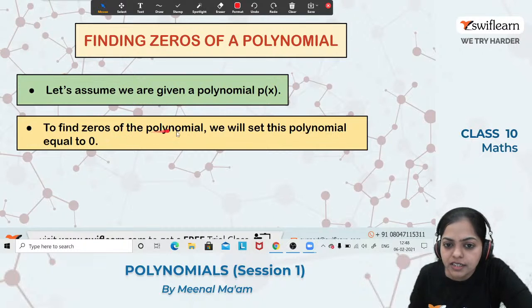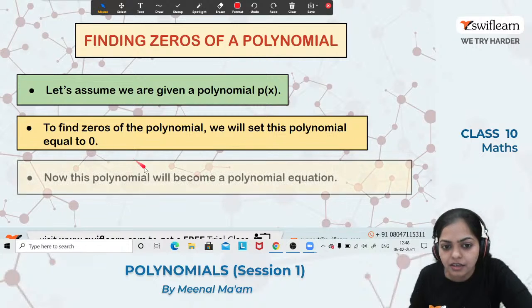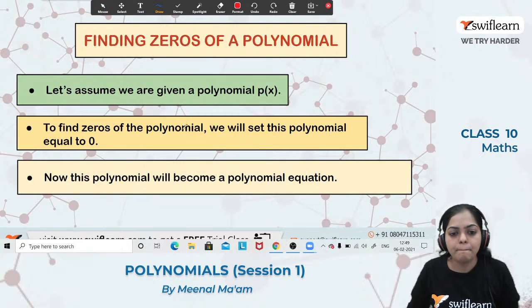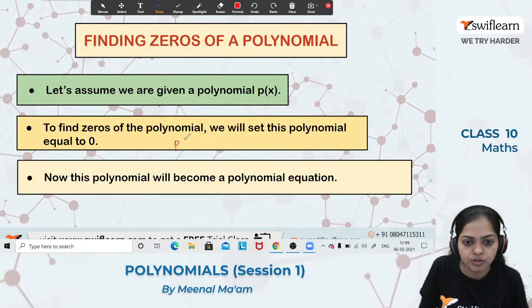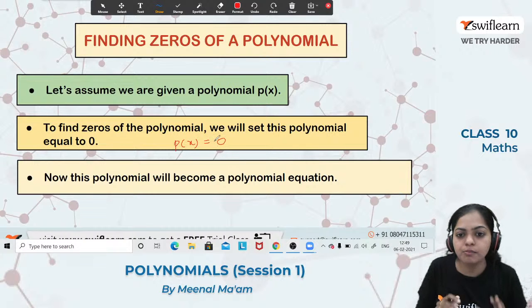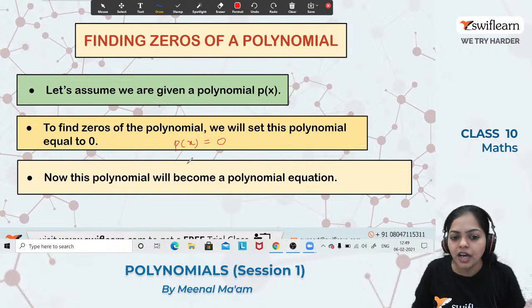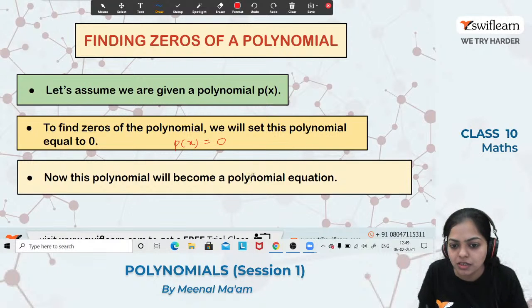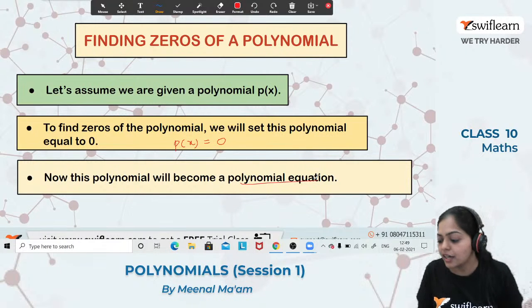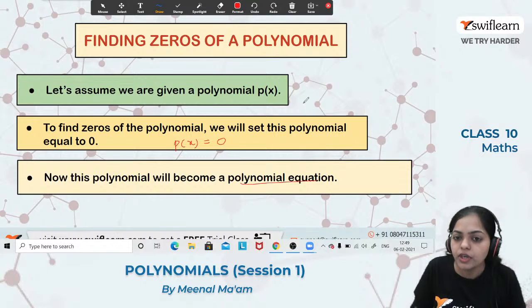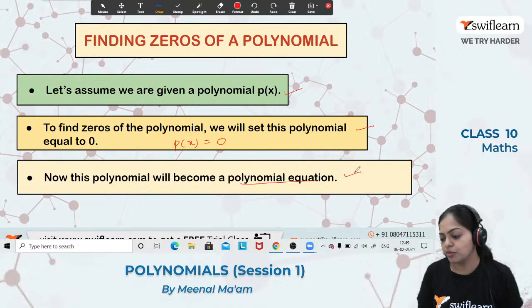Now to find the 0 of the polynomial, we set p(x) = 0. Now this will become a simple polynomial equation, and we know how to solve this equation.